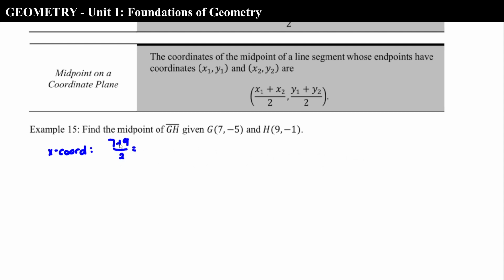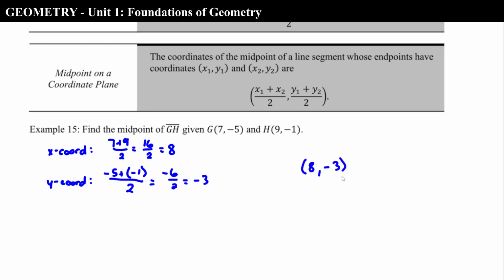Those are just our two x coordinates. 7 plus 9 is 16, and 16 divided by 2 is 8. For your y coordinate, we're going to do the same thing. -5 plus -1 over 2. That gives us -6 over 2. So our y coordinate is going to be -3. So our midpoint coordinates will be 8, -3.